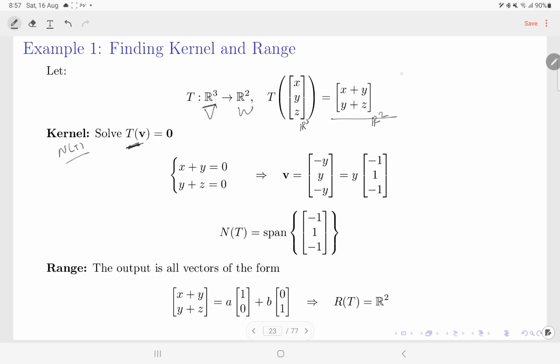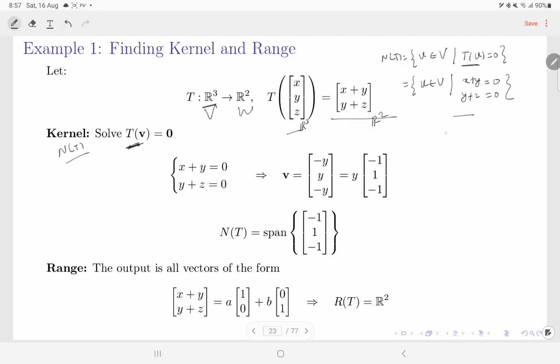Let me write it formally: for null of T, we are looking for a vector in V such that TV is equal to 0. What is this? TV will be x plus y and y plus z, so x plus y is equal to 0 and y plus z is equal to 0. Yes or no?